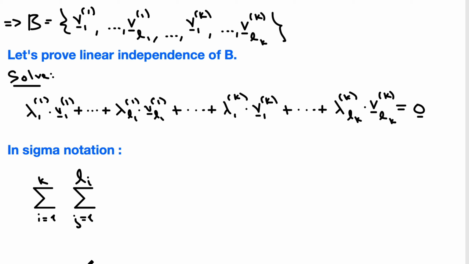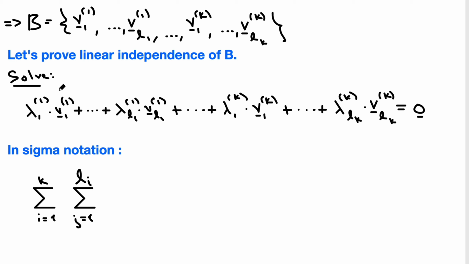Let's see if this makes sense. If i equals 1, we're running from 1 to L1, which will give us this. If i equals 2, we're running from 1 to L2, which would give us something that appears here. If i equals K, we're running from 1 to LK. So the indices make sense.